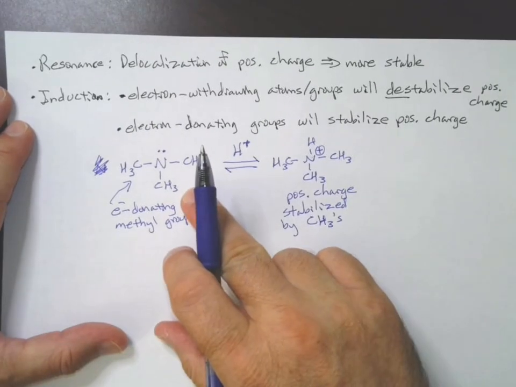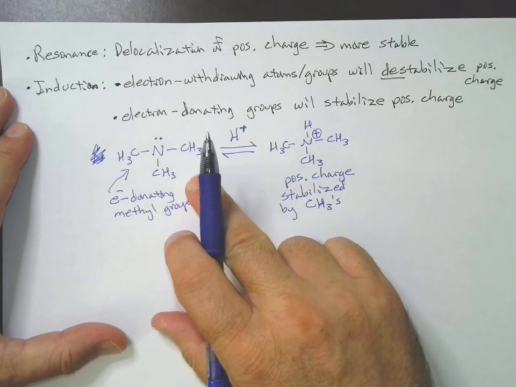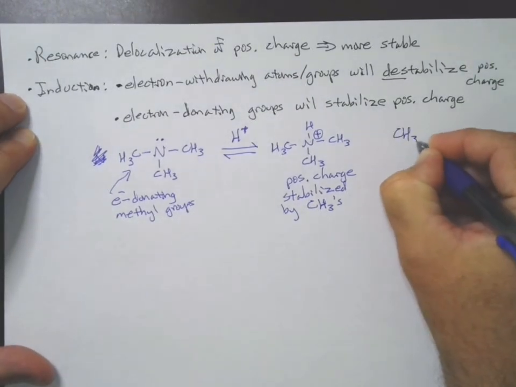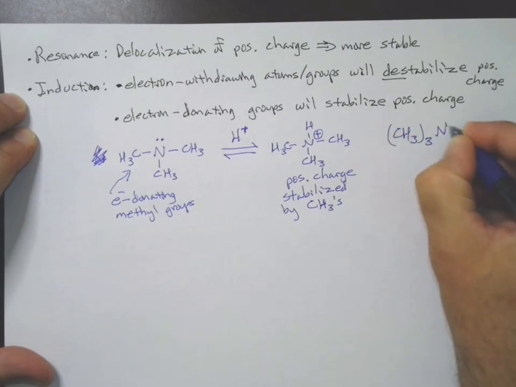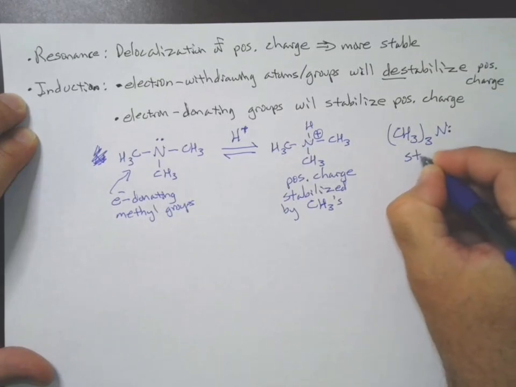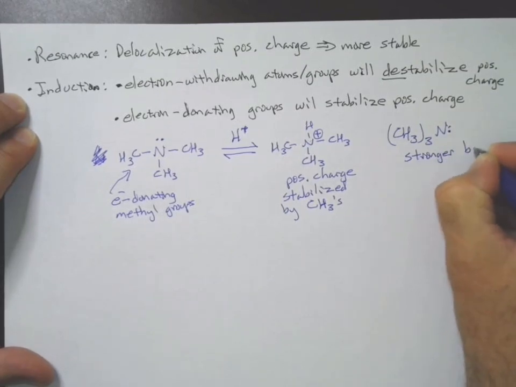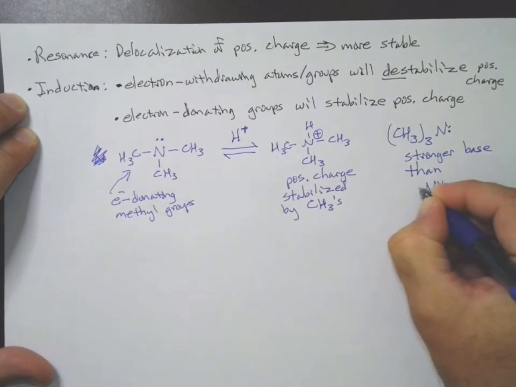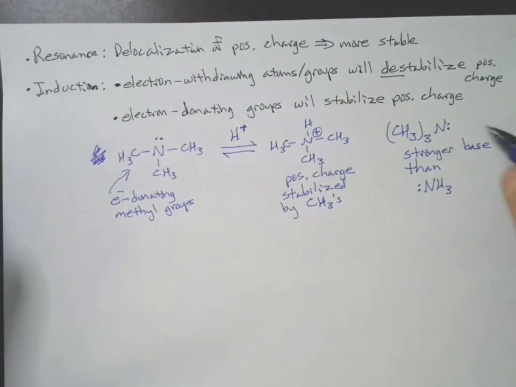So you would expect trimethylamine to be a stronger base than ammonia. And that's just because the conjugate species, the conjugate acid, should be more stable.